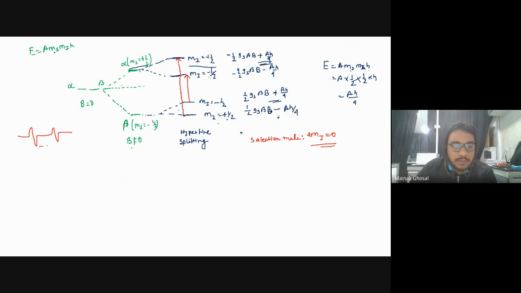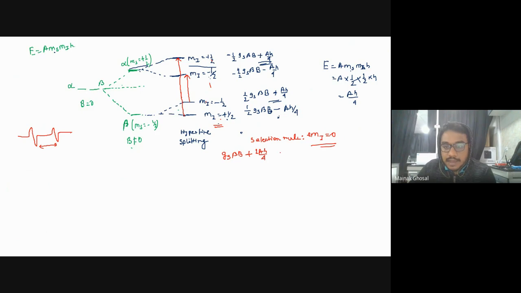Okay, and what should be the difference in energy? For the transition from mi equal to minus half to plus half, what is the change in energy? The change in energy is gs beta b, plus h by 4 plus h by 4, giving 2h by 4.